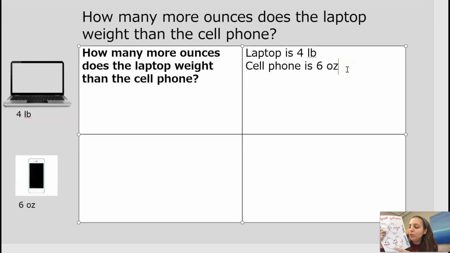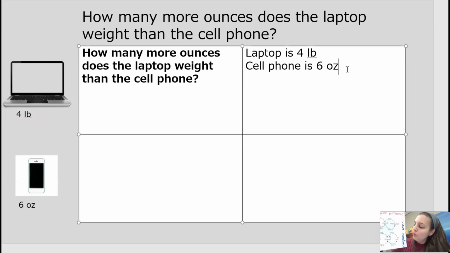But if I want to convert 6 ounces into pounds, it's going to be a bit difficult, because how do you divide 6 between 16? It's going to be a decimal. So I don't recommend you to do that.